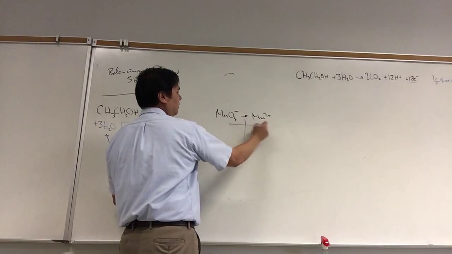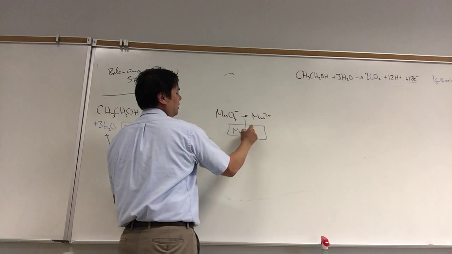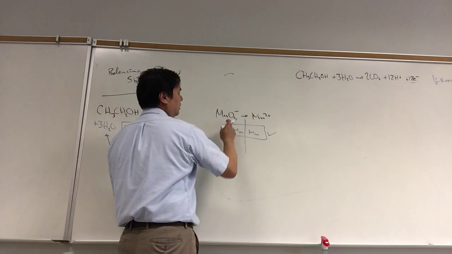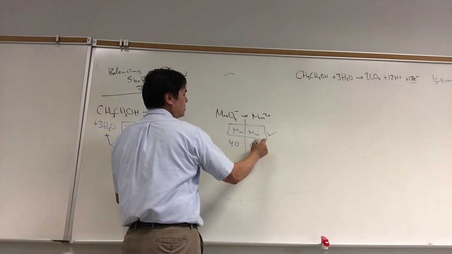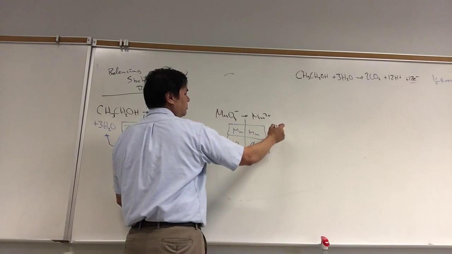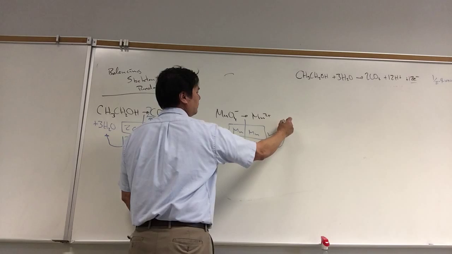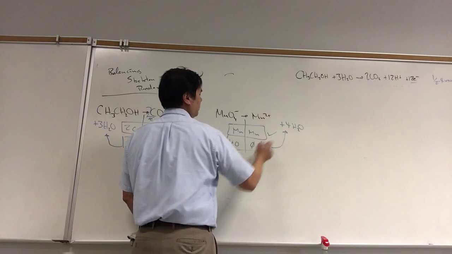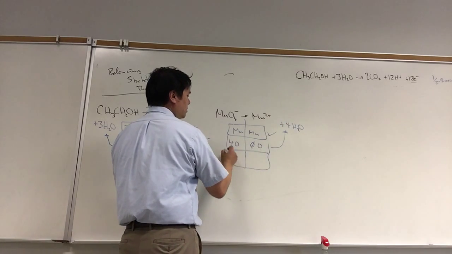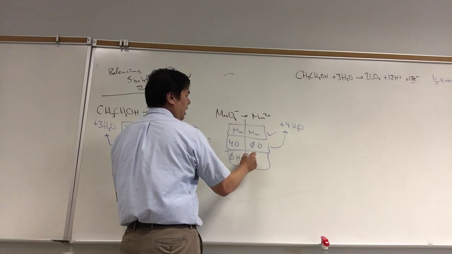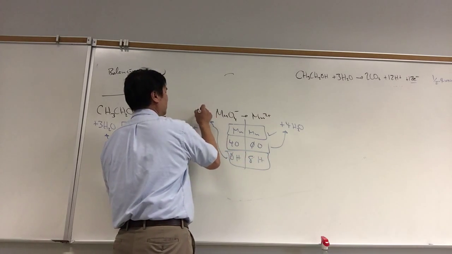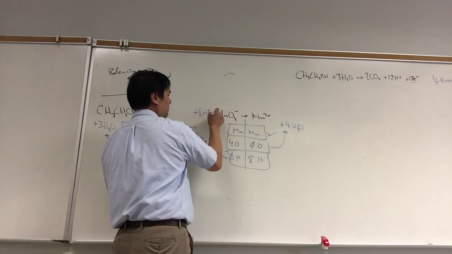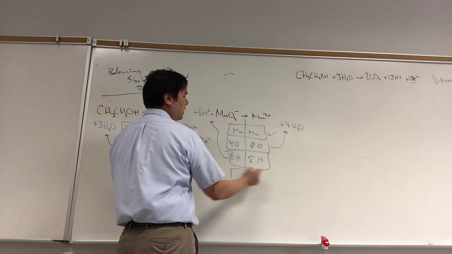And so here, the manganeses are balanced. So manganese is check. Then oxygens, we have 4 oxygens here, 0 oxygens here. So that means we need plus 4 H2O. And then let's balance out the hydrogens. We have 0 hydrogens here, 8 hydrogens here. So we'll have plus 8 H+. And let's balance out the charge.